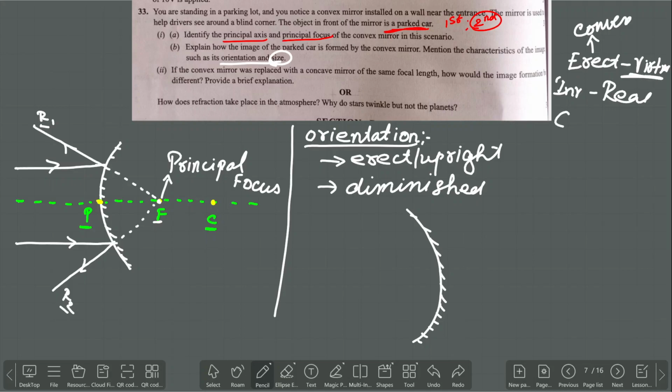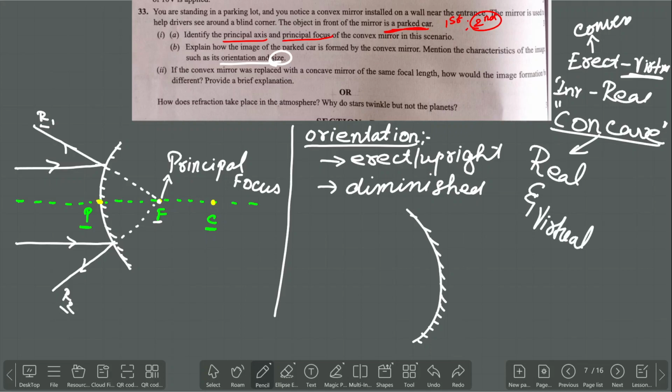Suppose I replace that convex with a concave, what will happen? Based upon the position of the object, in one case the image will be real, and in another case the image will be virtual. If the object is far away, it will be diminished. If it is coming near to the mirror, the image will get enlarged. So like this, the position and nature of the image will change. That is the thing they asked.